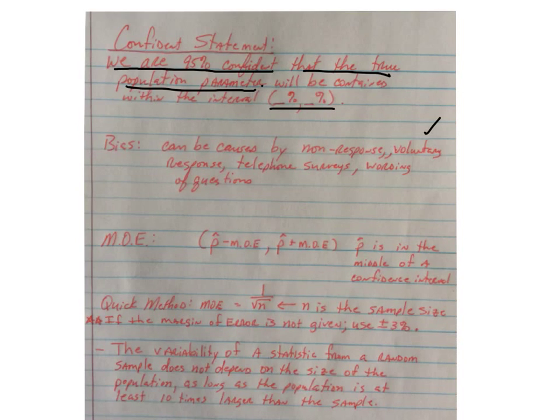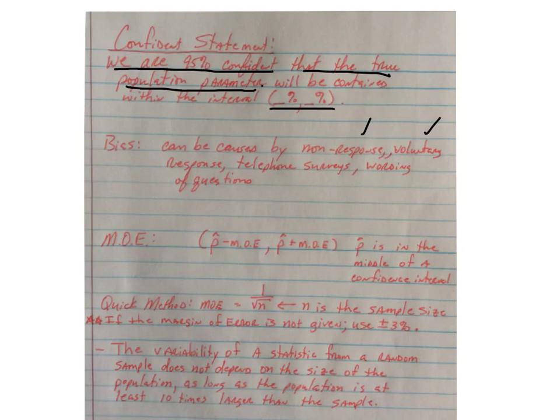Voluntary response could be a sampling error because maybe you designed a sample that only elicits voluntary response. Non-response is a non-sampling error. So we've got a mixture of the two that would cause bias in your sample, including the wording of the question.